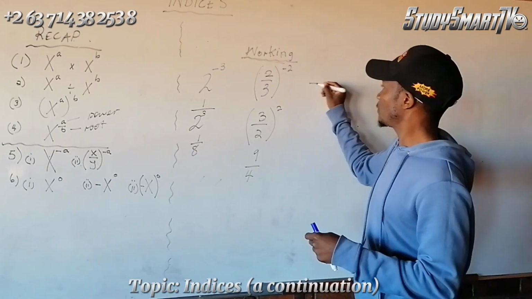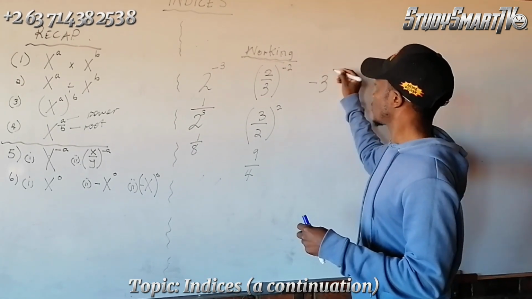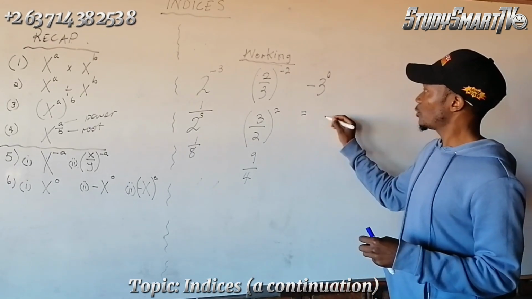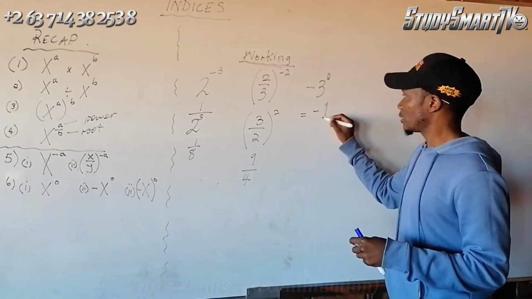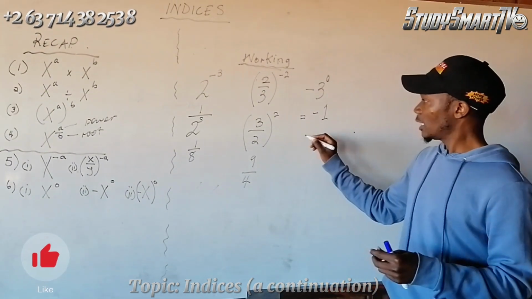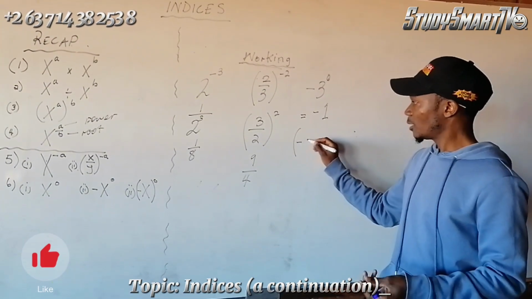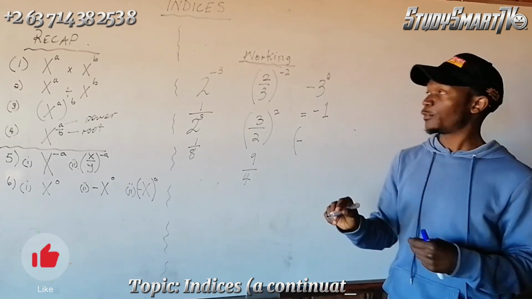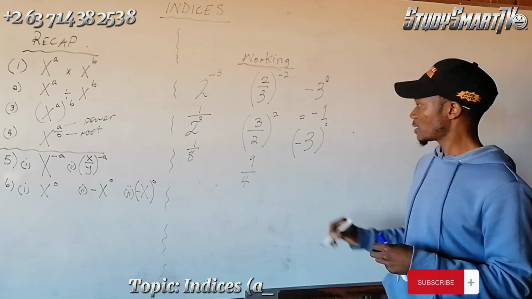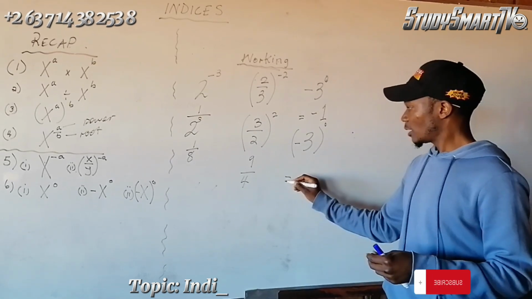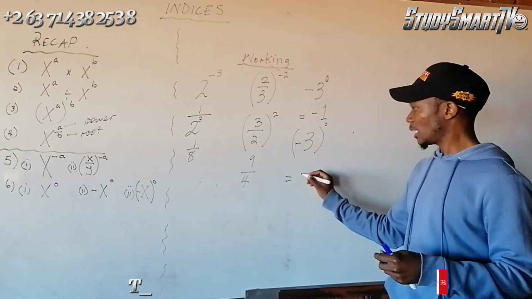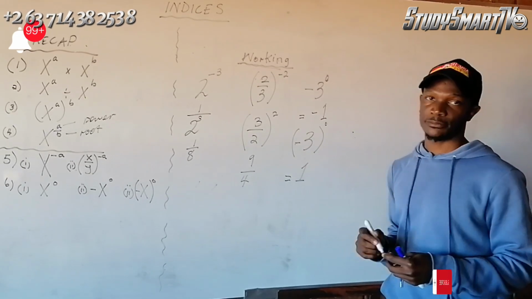For example, if we have a negative 3 to the power 0, our answer here will be equal to a negative 1. So we have to be careful on that. But when the negative is inside the bracket, meaning the bracket is affected, for example, if the negative 3 here is inside the bracket raised to the power 0, this 0 is affecting both the negative and 3. So the answer here will be 1.